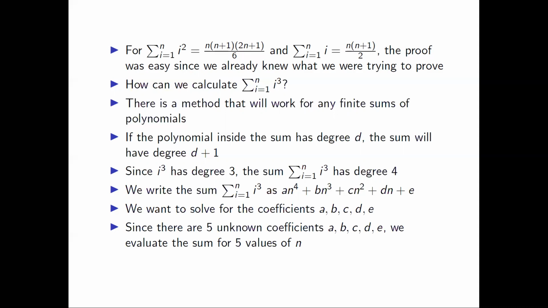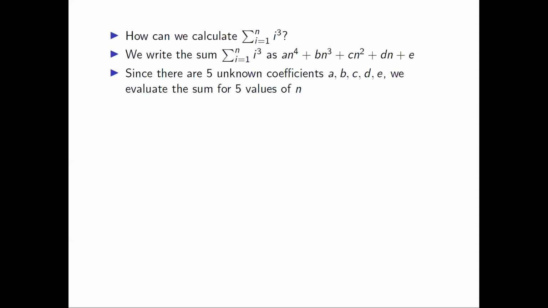In order to come up with those equations, all we have to do is evaluate the sum from i equals 1 to n of i cubed for 5 distinct values of n. So we can evaluate it at n equals 1, n equals 2, n equals 3, and n equals 4. And we can say that it's 0 at n equals 0.